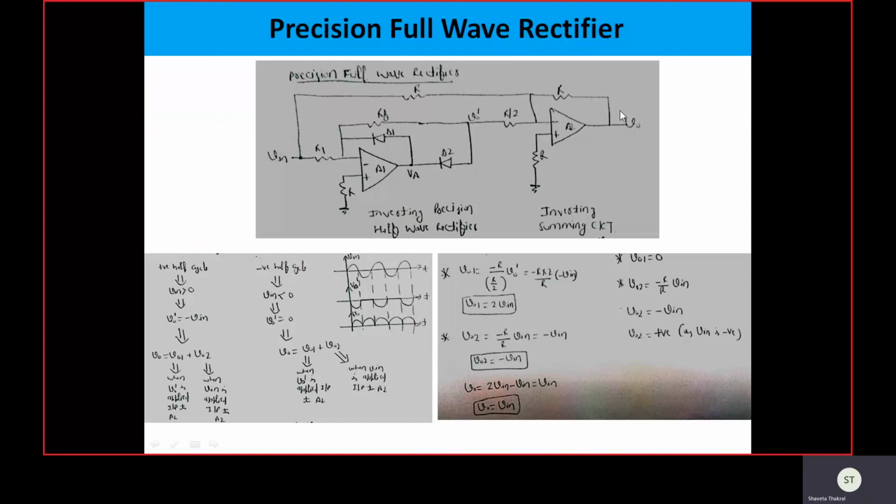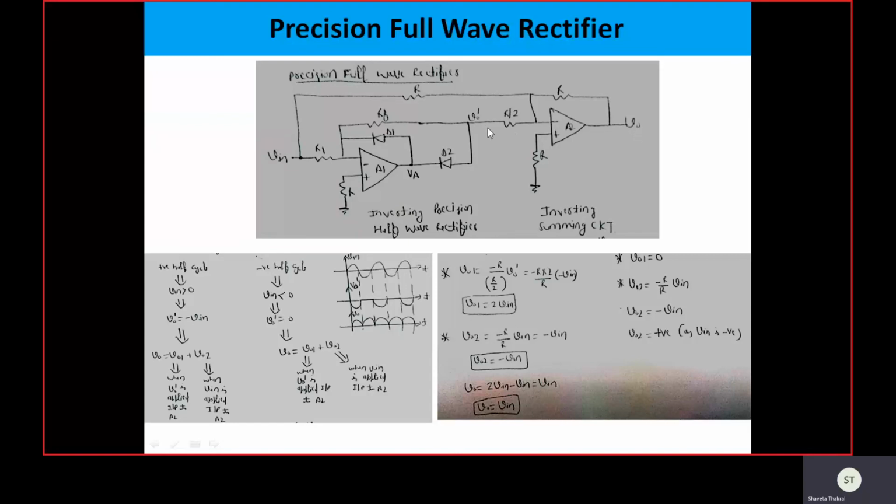So the output voltage here is found by applying the superposition theorem, because we have more than one voltage source at this point. So V naught is divided into two cases, that is V naught 1 and V naught 2. V naught 1 is calculated when V naught dash is considered, neglecting the effect of V in. So we are putting V in as 0 and taking the effect of V naught dash to calculate the voltage V naught 1.